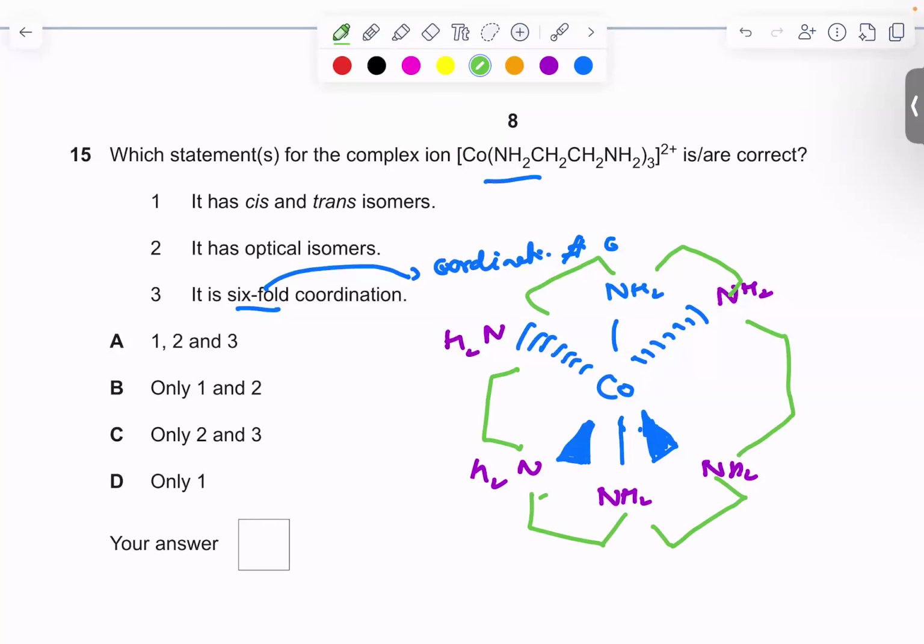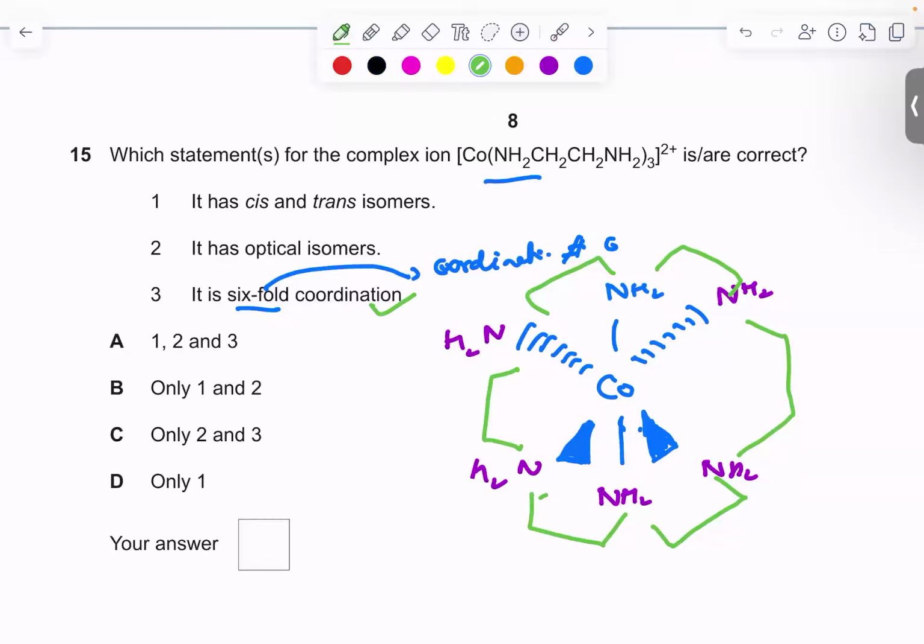Okay. Now, what were you asking? Coordination number six. Have a look. It says six-fold coordination. Oh, coordination of six. Okay. So one, two, three, four, five, six. Six-fold coordination means that the coordination number is six. That means it's true. It's correct.